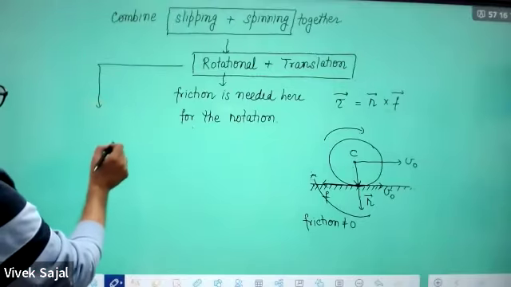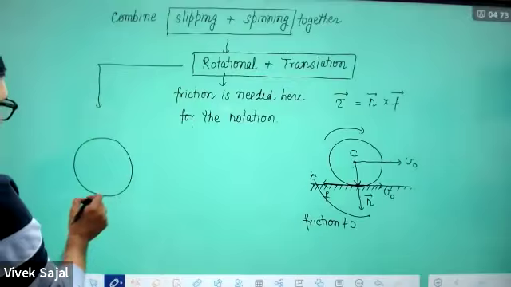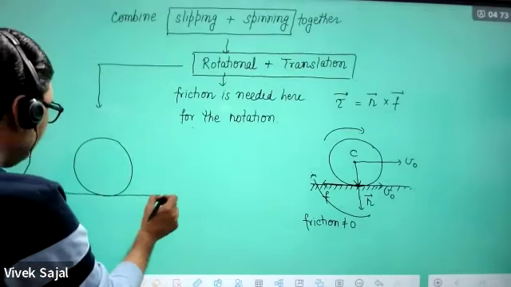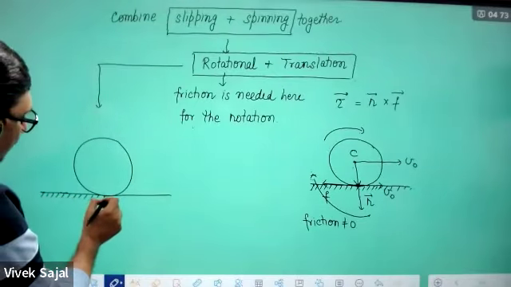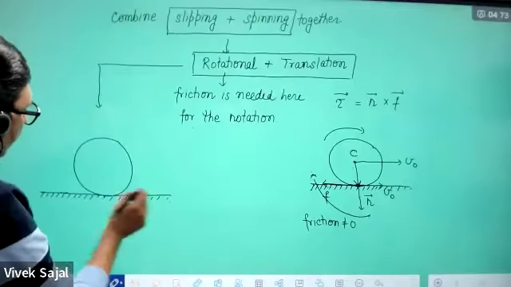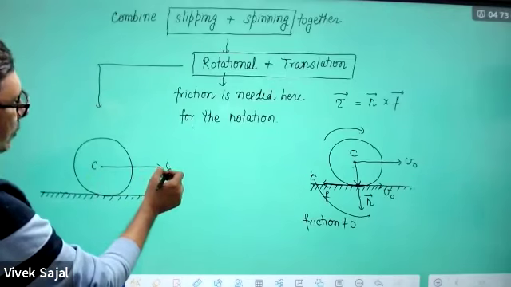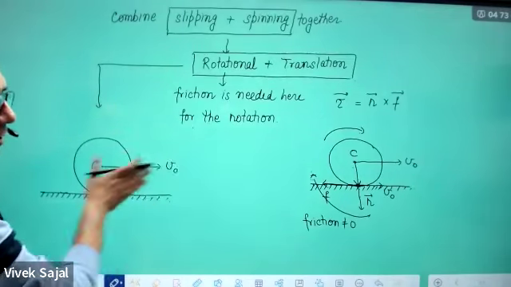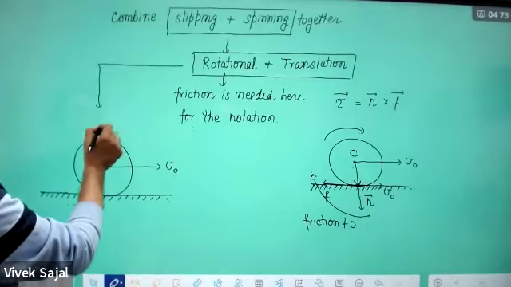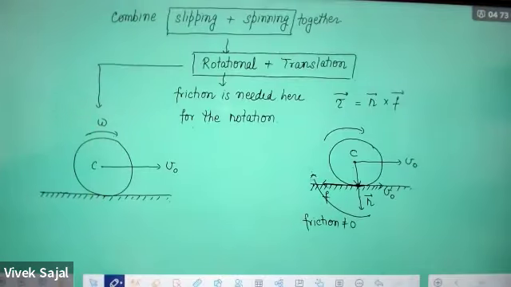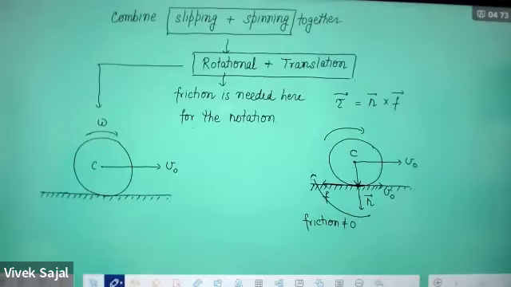This is a frictional surface, a rough surface. This center of mass is moving with a velocity v naught, the speed or velocity of the center of mass, and it is rotating with omega. If you combine these two, then this type of motion will come into the picture.